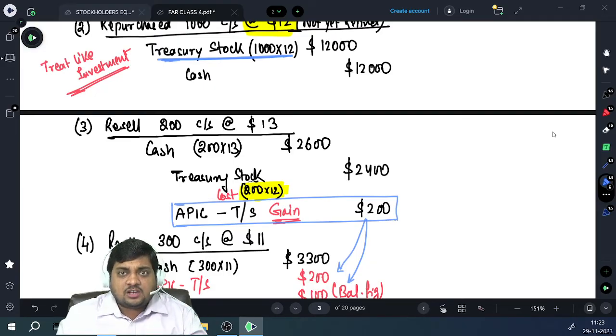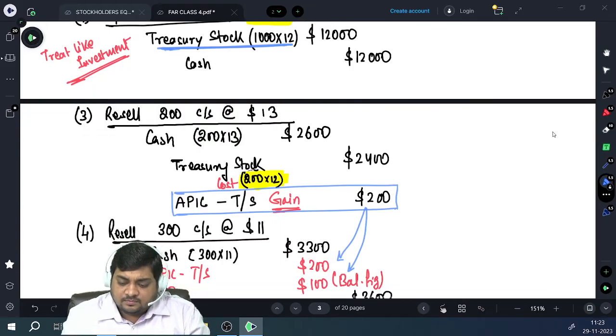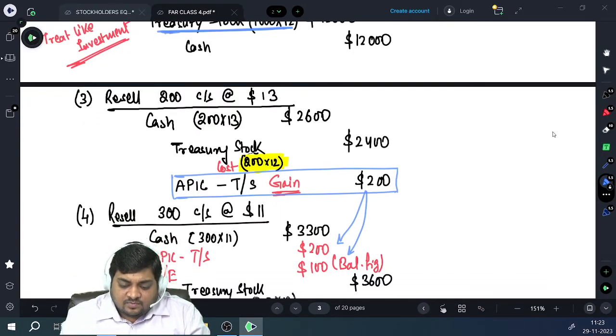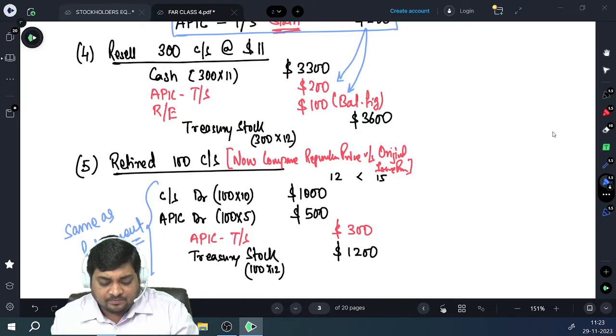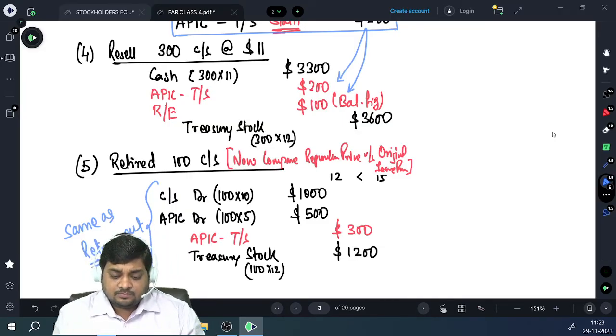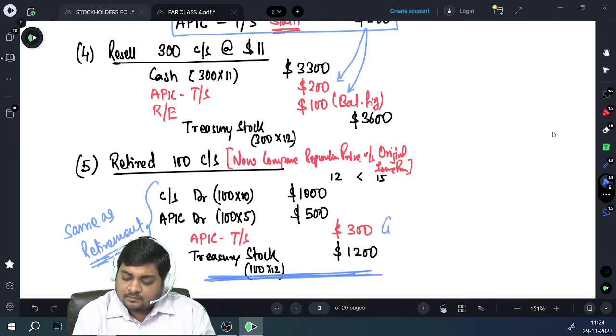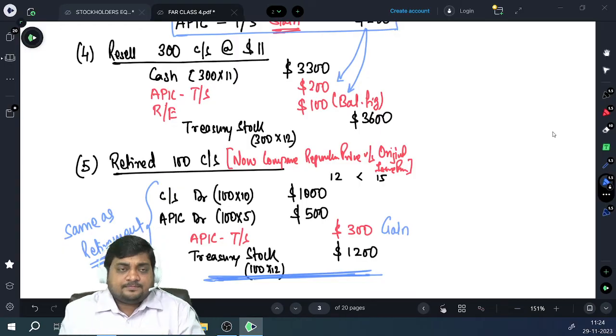Investment debit at cost, credit at cost, difference is gain or loss. But now if I am retiring, again the original price will be debited. Credit investment with amount paid. Difference is gain.